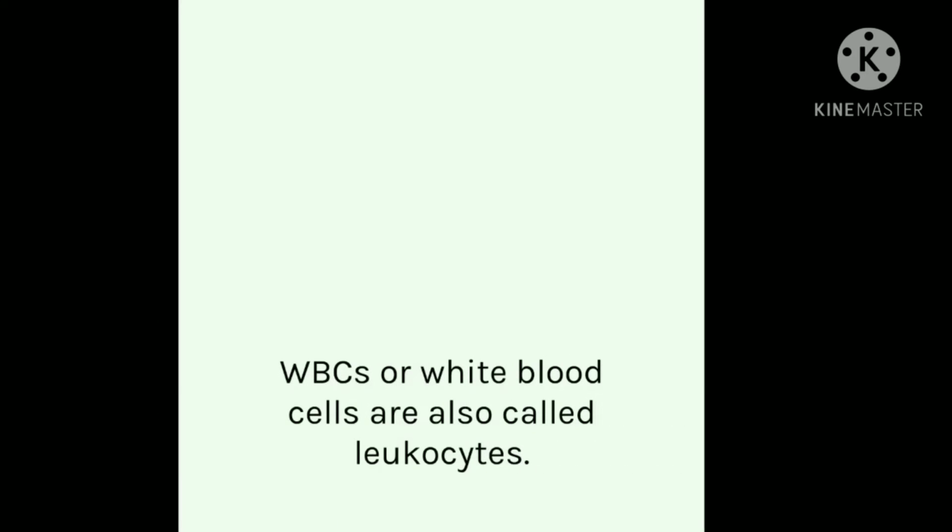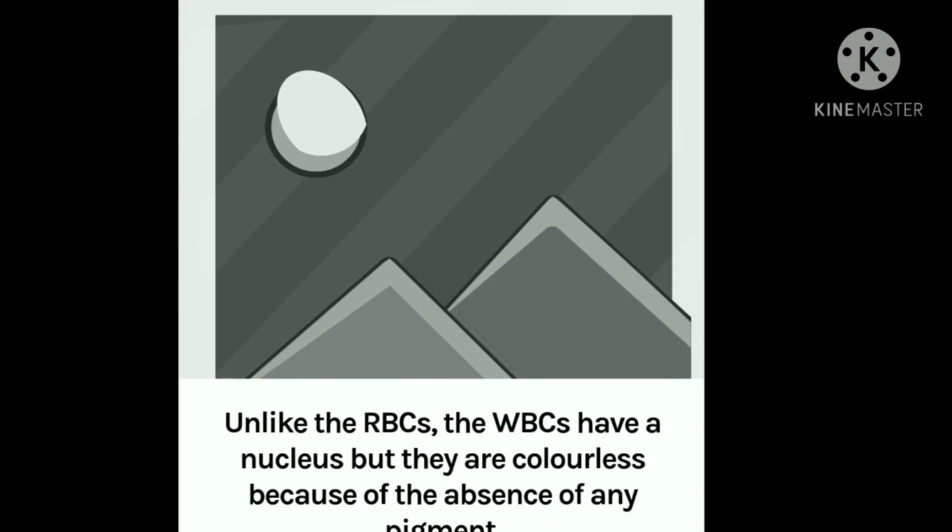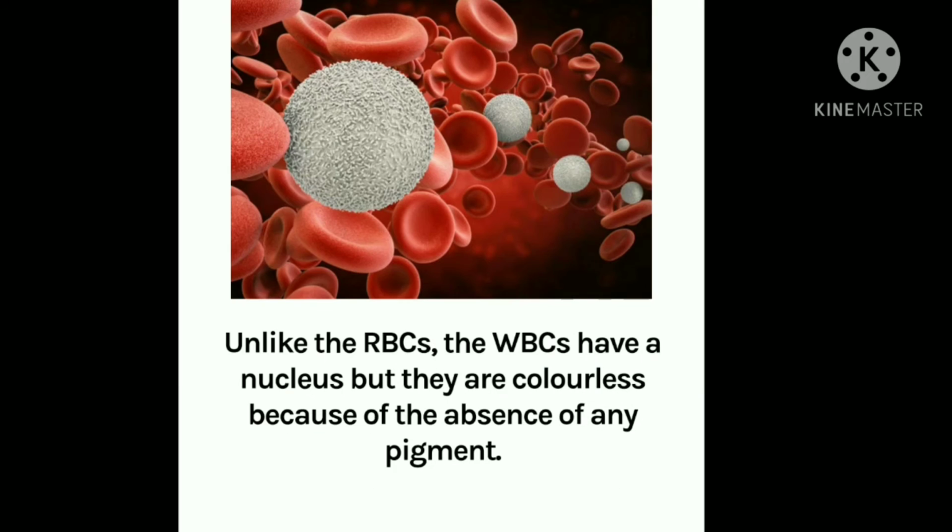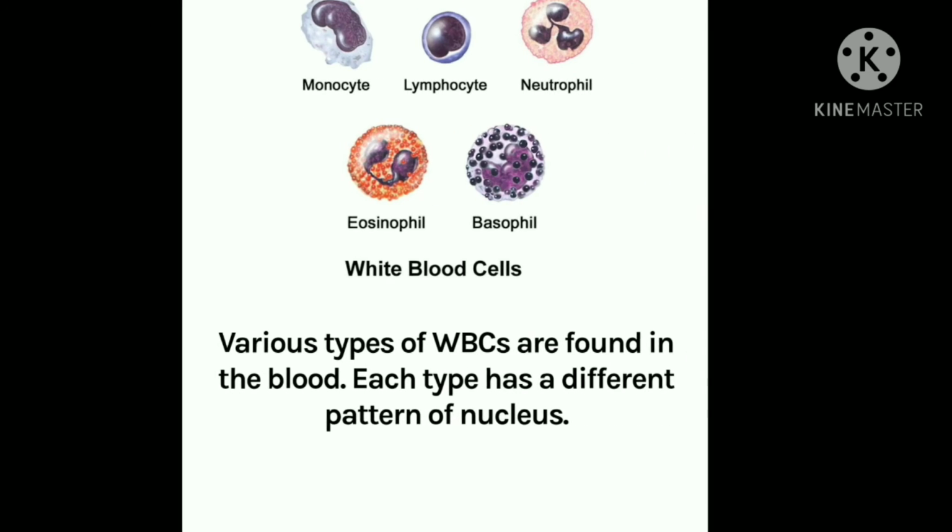White blood cells or WBCs. Unlike the red blood cells, the WBCs have a nucleus but they are colorless because of the absence of any pigment. So their color is white. Here you are able to see.